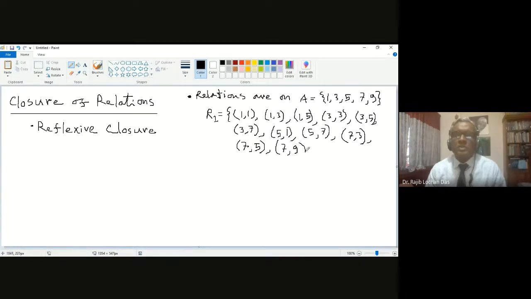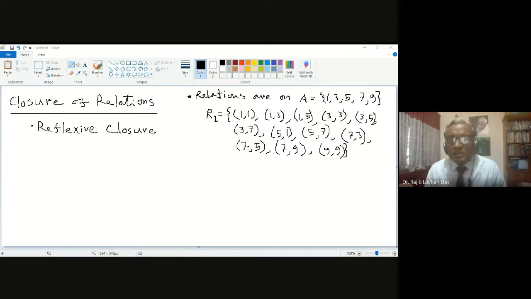So these are the elements, or another one, (9, 9). Okay. So this is one example relation, and there are some specific pairs already given in the relation set.